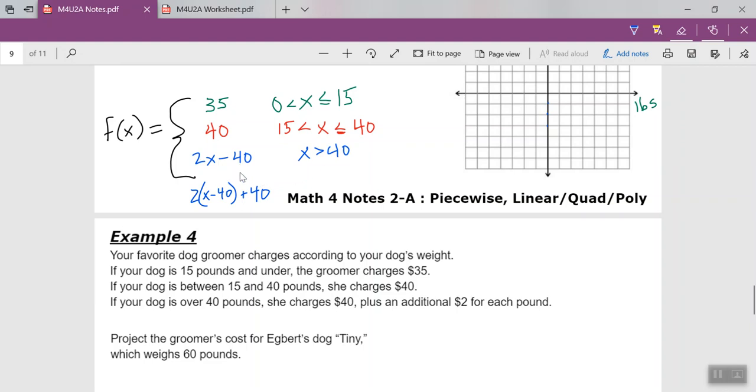We're going to use the 2x minus 40 equation to figure out what's going on here. And if x turns out to be 60 pounds for the dog, that is 120 minus 40, which is 80, or excuse me, $80. So a 60-pound dog is going to cost $80.